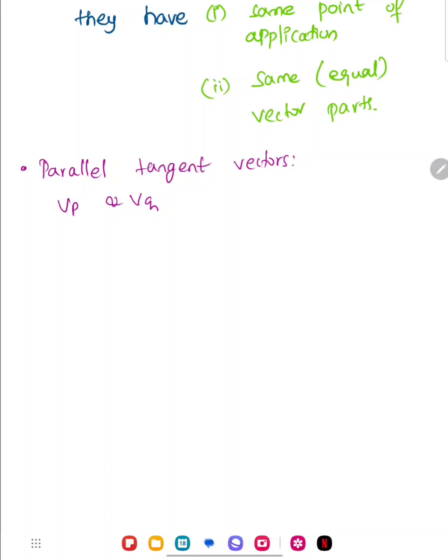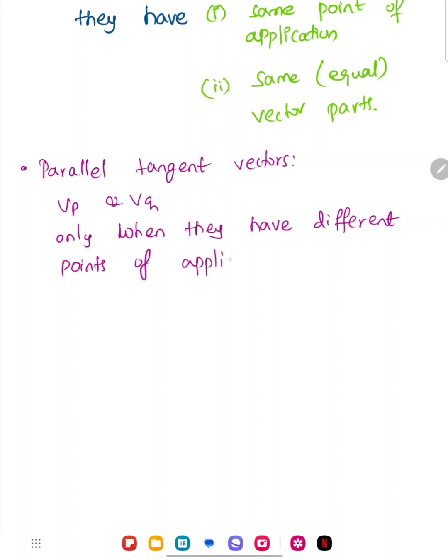They are said to be parallel only when they have different points of application but the same vector part.